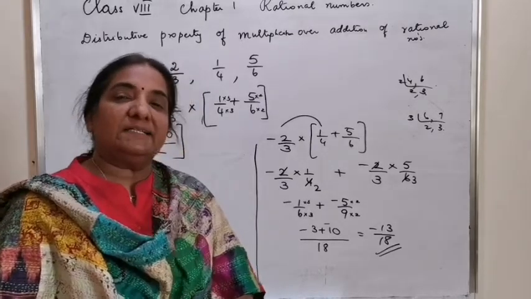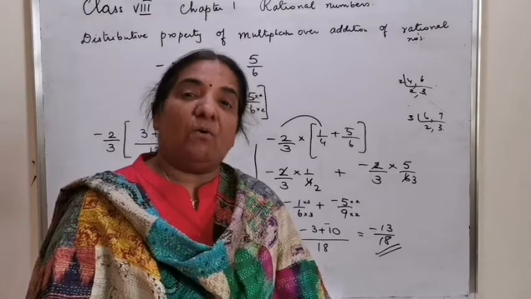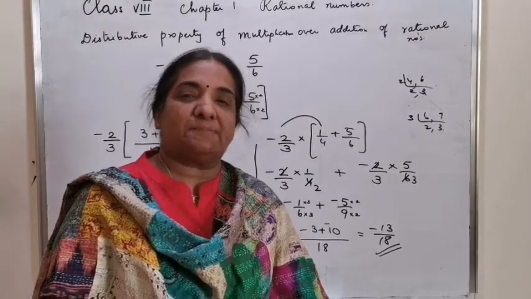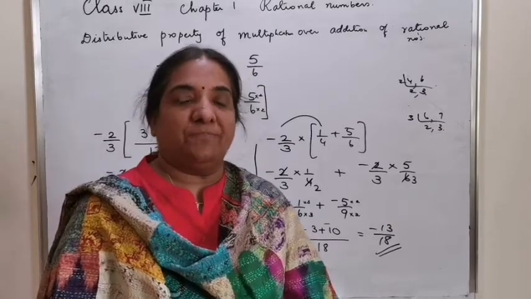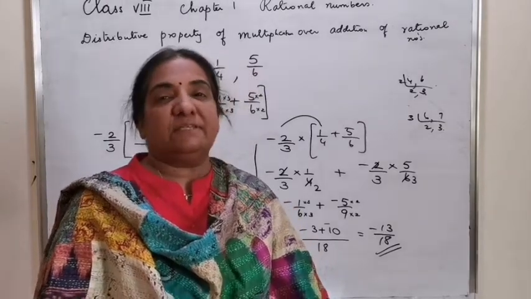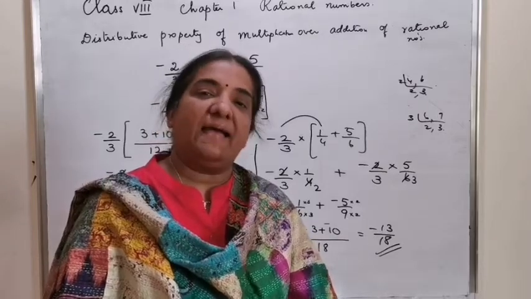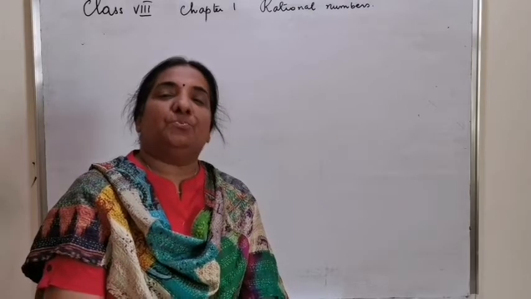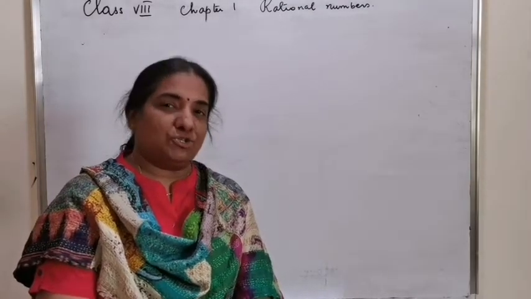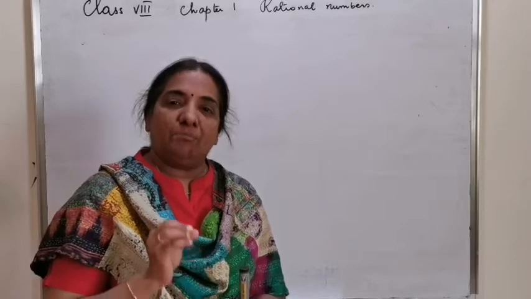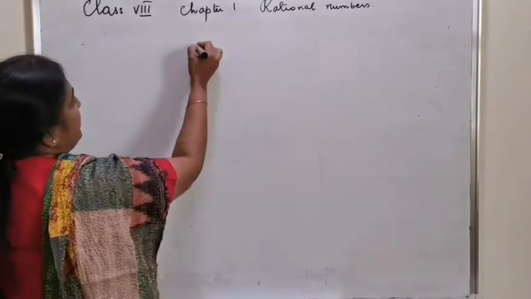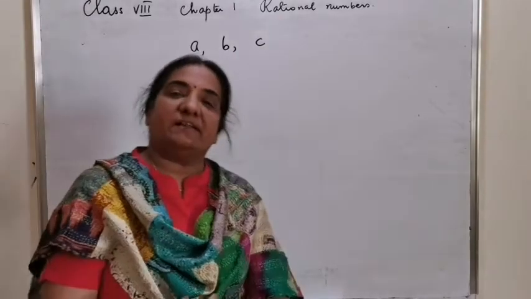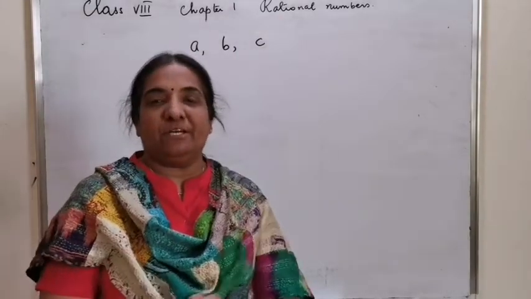Now let us write all the properties with the general form, or let me explain as a revision all the properties with the general numbers A and B. Let us denote the numbers, whichever system it belongs to, as A, B, C. When we are considering whole numbers, they will be whole numbers.